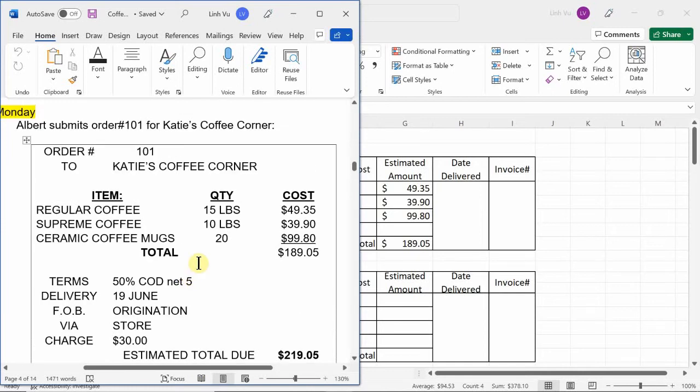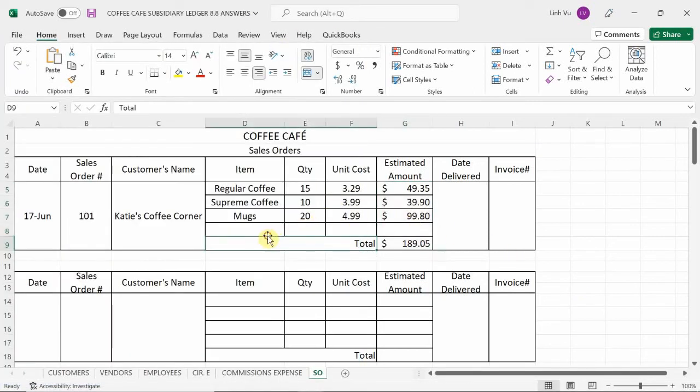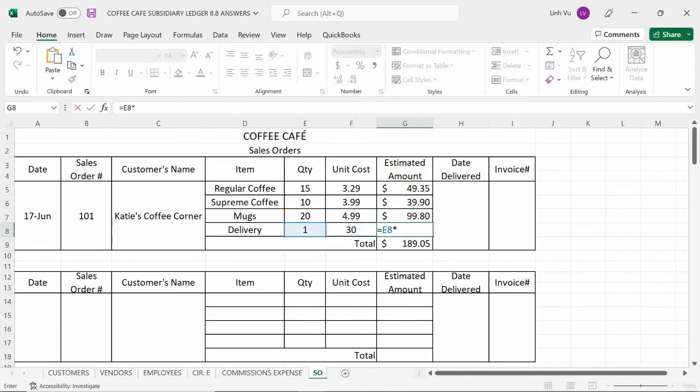You're charging her $30 for delivery. In this case, this is something that I can definitely tack on because it's a service that we provide. So delivery for $30, and the total is $219.05.